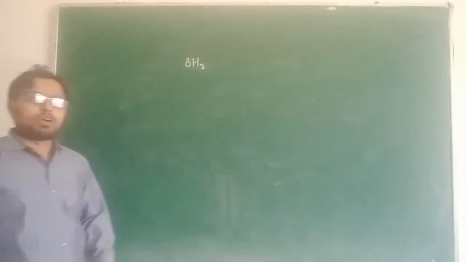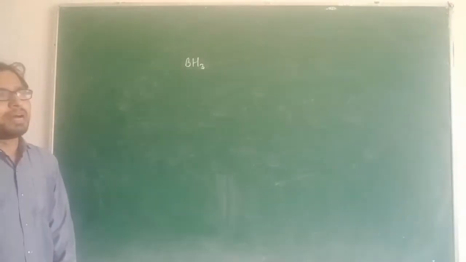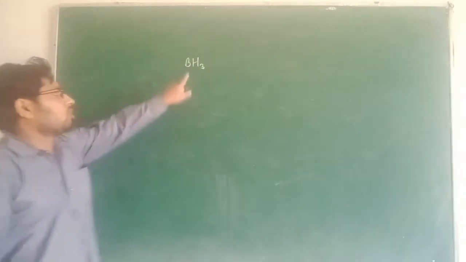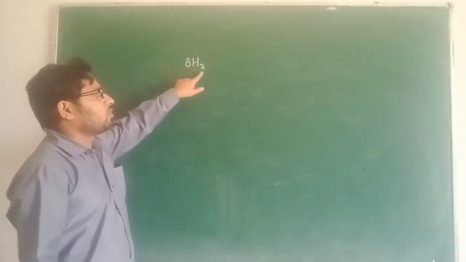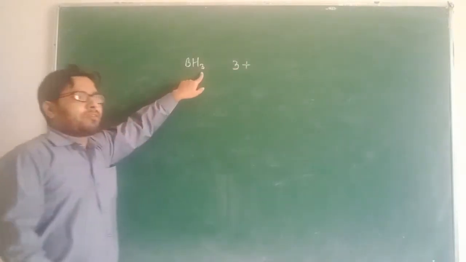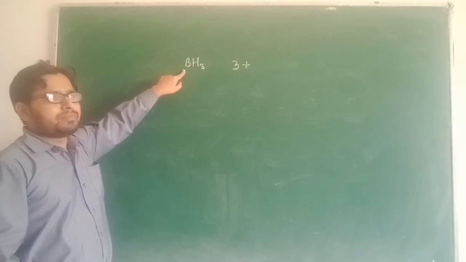So firstly I am going to find out from the formula. According to formula, the number of atoms which are attached with the central atom. So how many atoms are attached with the central atom? 3. This is 3 plus the number of lone pair. This is the boron. In outermost shell it contains how many electrons?